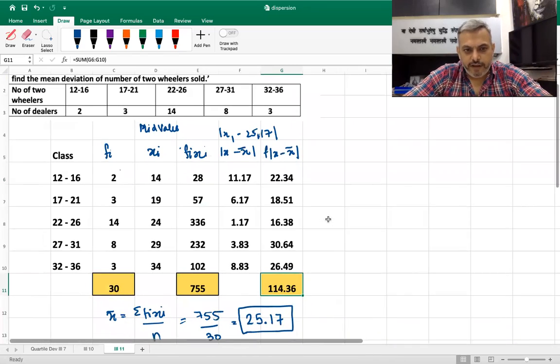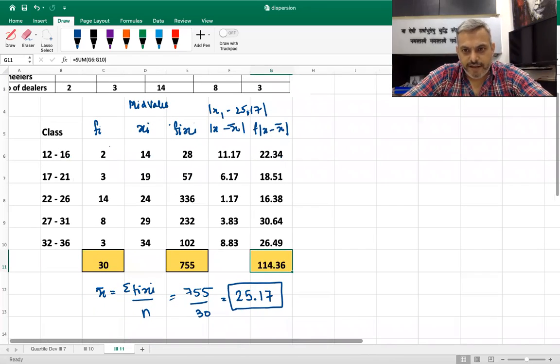Now using this we find the mean deviation.